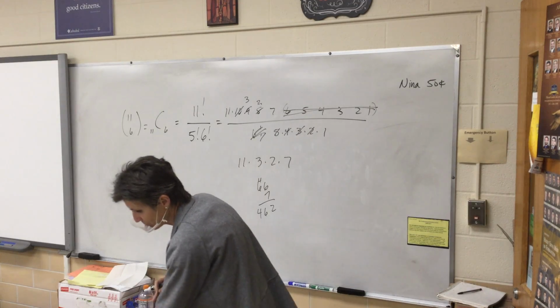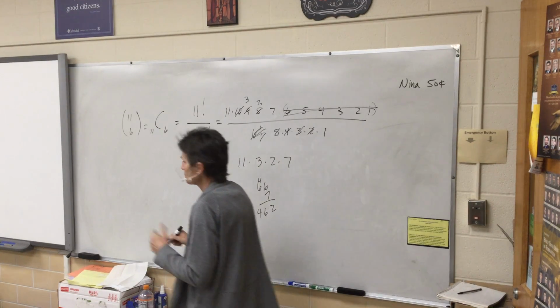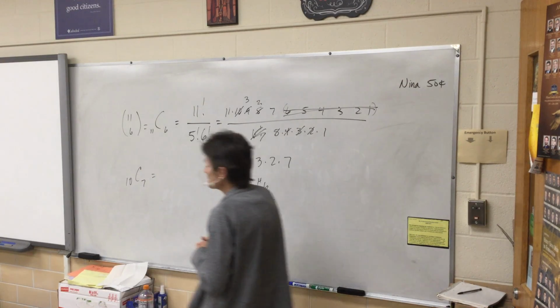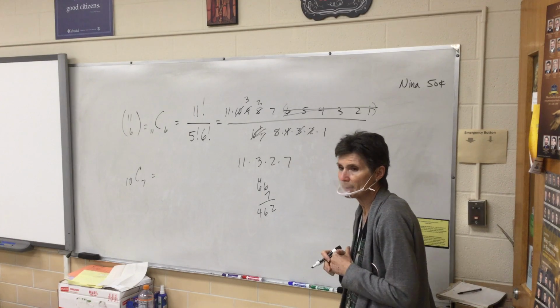All right, there's one more. 10C7. This one won't be as hard, in terms of arithmetic. So would you do 10C7 for me? See if you can come up with a number.